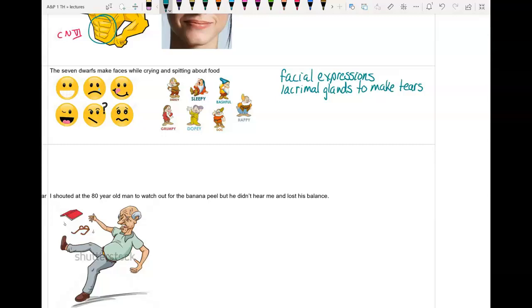And then spitting. So this is going to stimulate the submandibular and sublingual salivary glands. And they will make saliva.